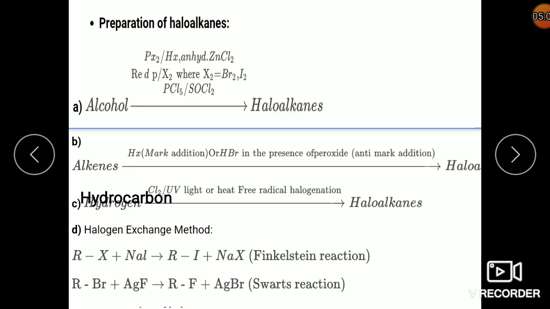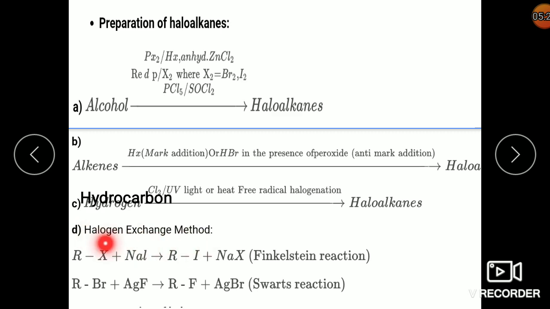You might get CH3Cl, CH2Cl2, CHCl3, CCl4. That means polyhalogenated compounds are also possible in this reaction, and it happens by a chain reaction mechanism.